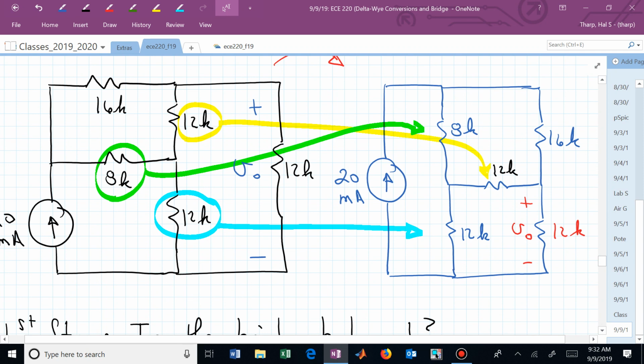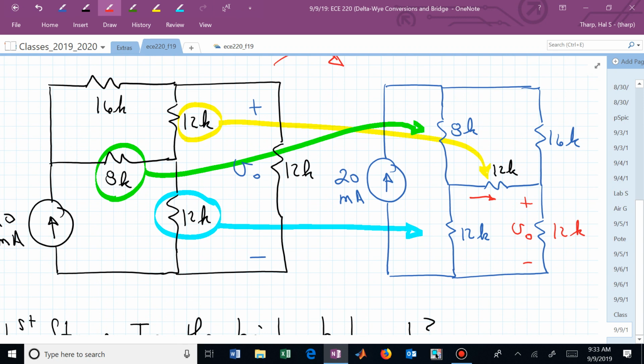To be balanced, you need this particular current going through the bridge to be 0. If there's 0 current going through a resistor, what voltage do you measure? 0. So the voltage is 0 and the current is 0 across that bridge if it's balanced.